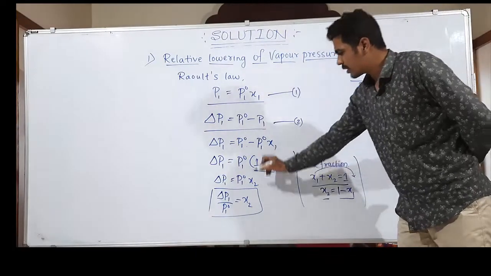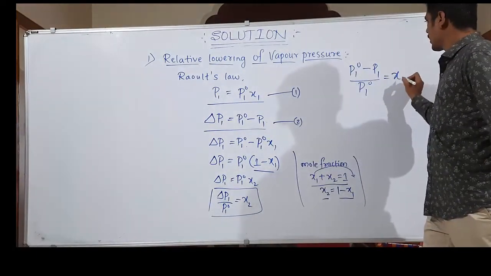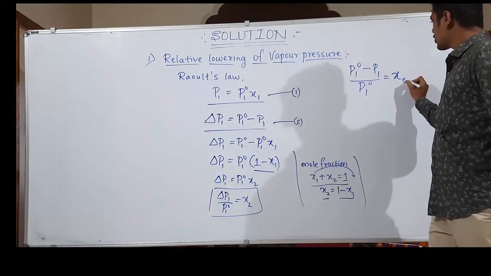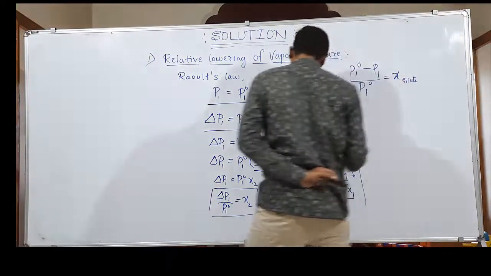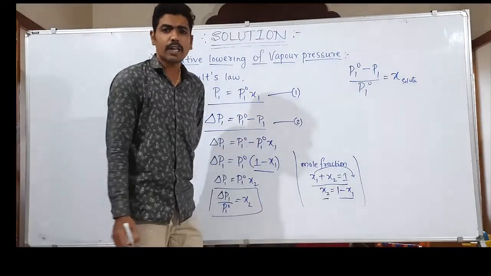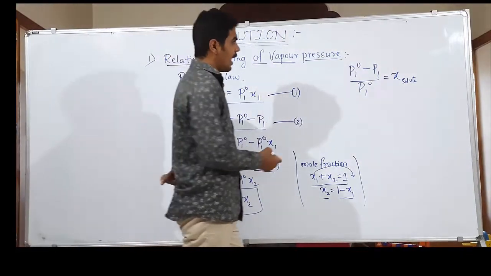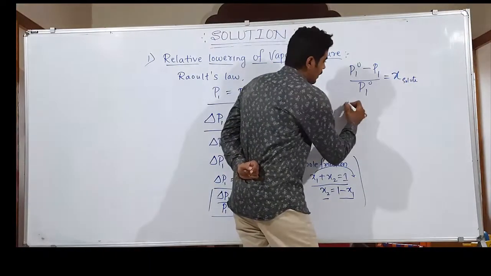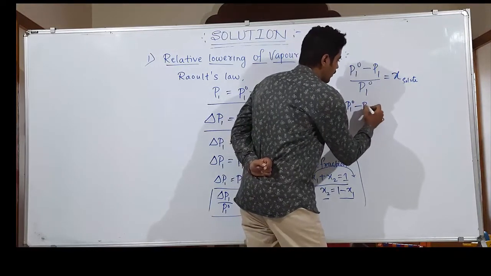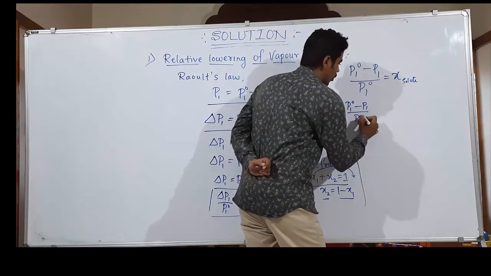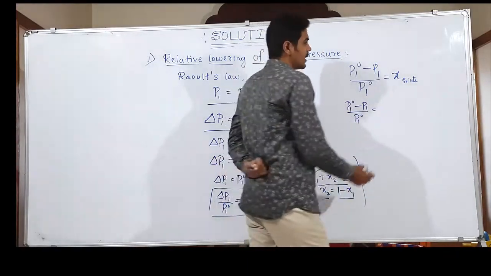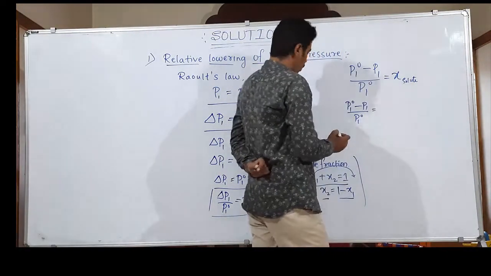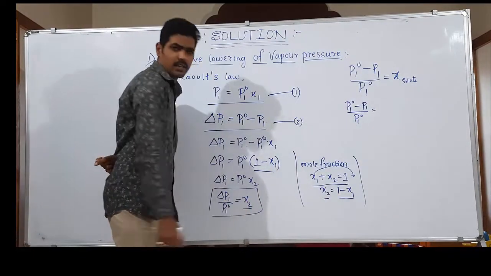This is equal to X2. What is X2? X means mole fraction, and X2 means the mole fraction of solute. So P1 naught minus P1 divided by P1 naught is equal to the mole fraction of solute, X2.